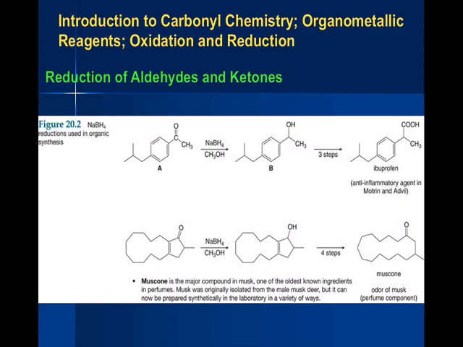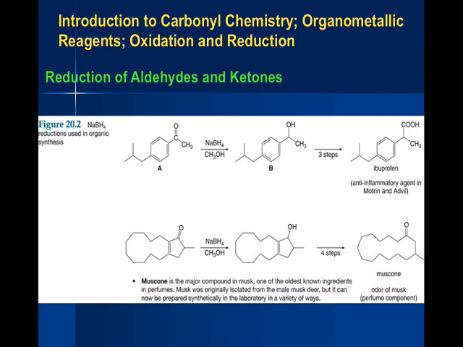So let's look at a few examples. These are real-world examples where, again, most industries like to use sophomore-level organic chemistry because it works really well and it's fairly inexpensive. Starting with molecule A, what's the functional group that we're interested in here? It's a ketone, right? They do the reduction with sodium borohydride and methanol solvent.